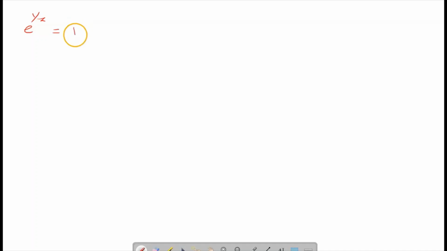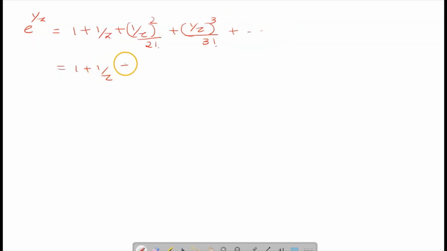The expansion is 1 plus, instead of z we have 1 by z, plus 1 by z square divided by 2 factorial, plus 1 by z cube divided by 3 factorial, etc. Now this is 1 plus 1 by z plus 1 by z square 2 factorial plus 1 by z cube 3 factorial plus etc.